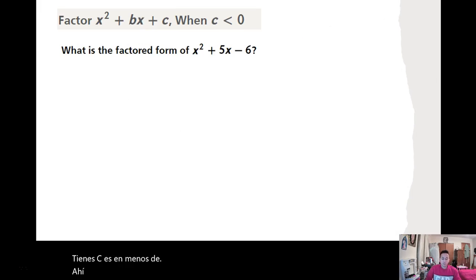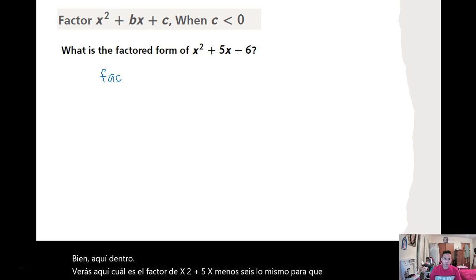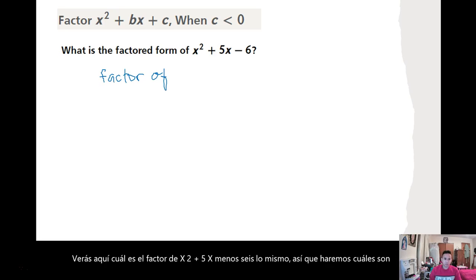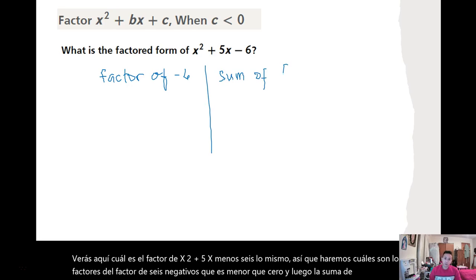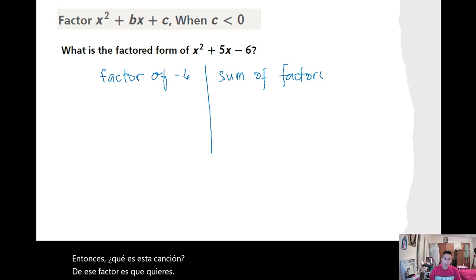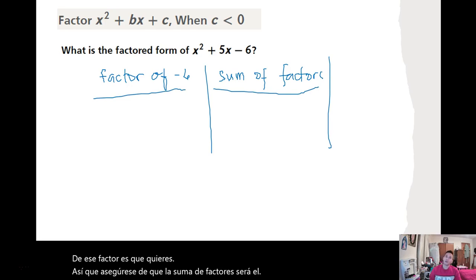What is the factor of x squared plus 5x minus 6? The same. We look for the factors of -6, since c is less than 0, and the sum of the factors must be the middle term, which is 5.